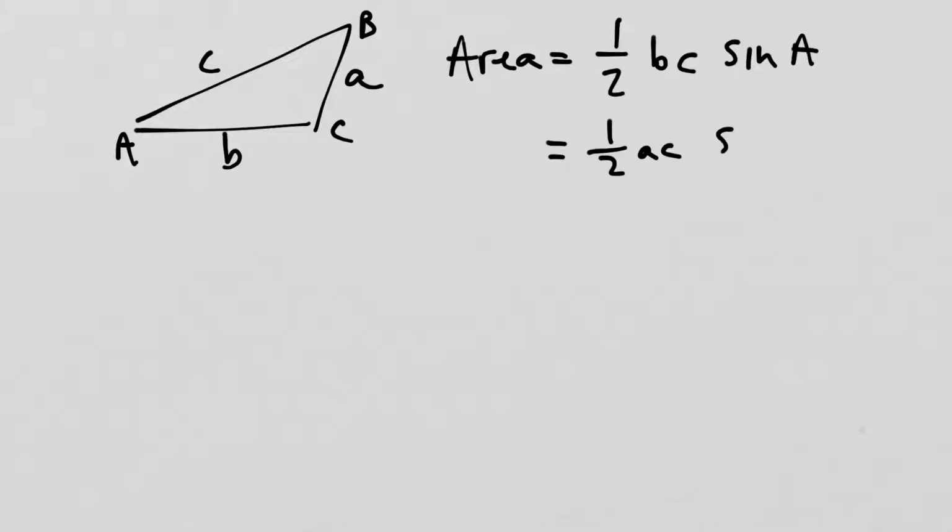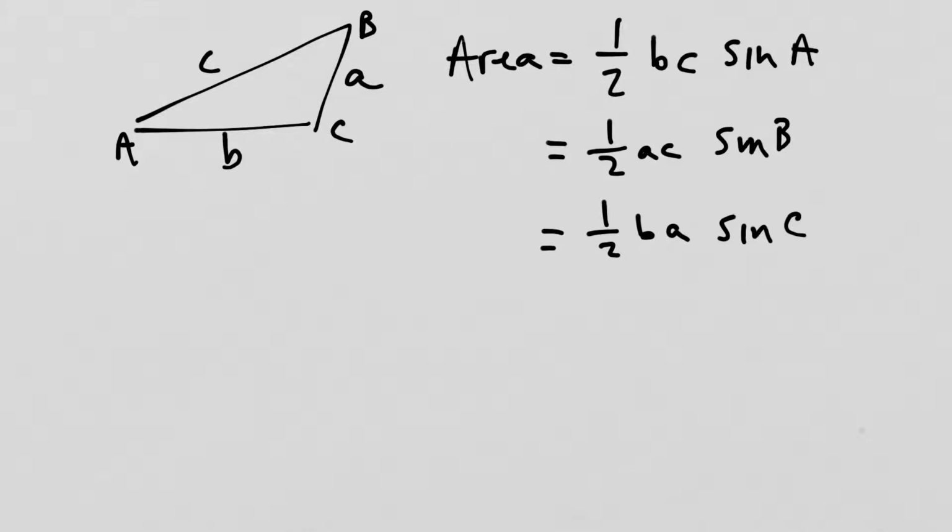But now we would have sine of the other angle, the one we didn't use. Or 1/2 side B times side A, and then we would have sine of C.